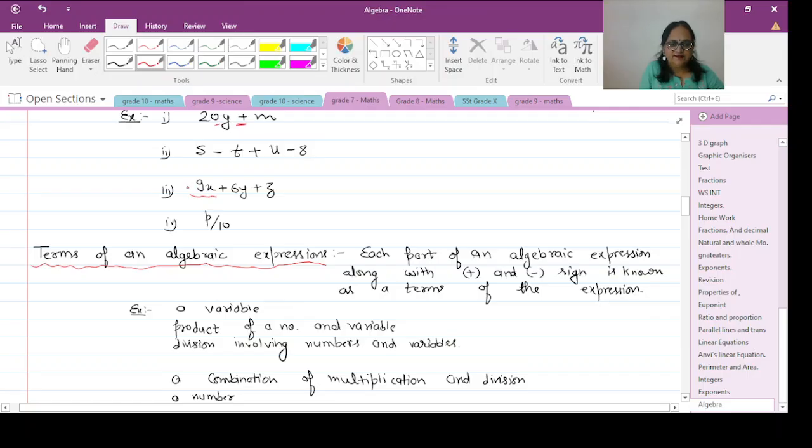If no sign is there, we will consider plus. 6y, you will consider plus 6y. This is plus z. This is minus t, minus 8, plus u, plus s. So whatever sign is there in front, you have to consider that sign also. Okay? So each part of an algebraic expression along with the plus and minus sign is known as a term of the expression.